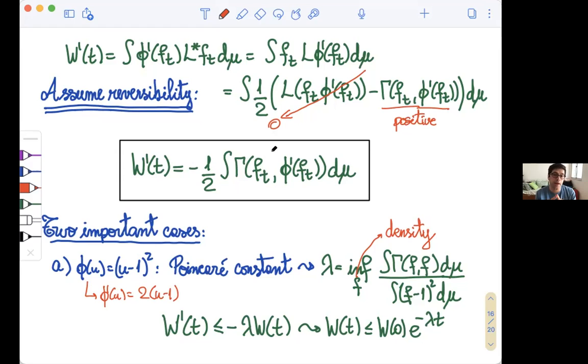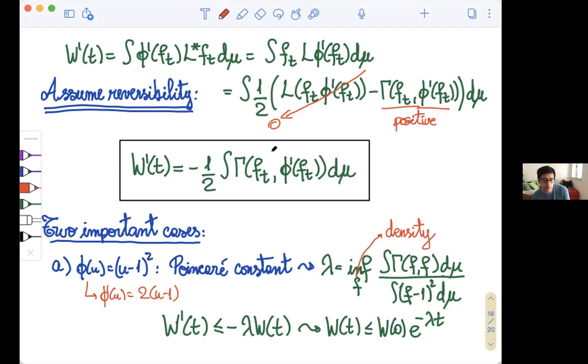What we are looking at is the L2 distance to equilibrium. It's actually the square of the L2 norm of the difference between f_t and f infinity. Here 1 is equal to f infinity, because if you take t to infinity, f_t converges to 1, since the law of your chain converges to the invariant measure.